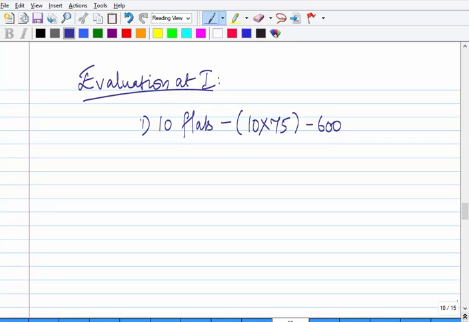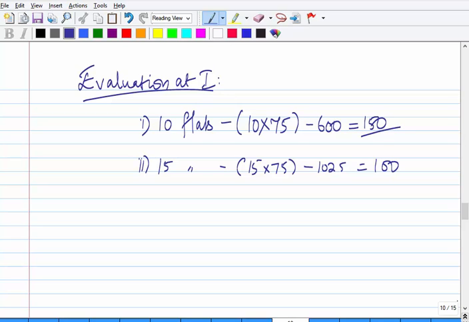So 750 minus 600, it's 150. And in case of 15 flats, what happens? It is 15 into 75 minus 1025. So we get 100. So now we have to select the highest, and the highest says 150.